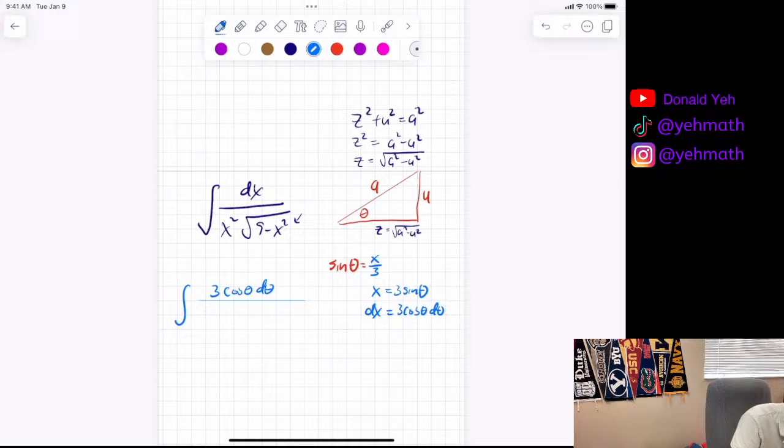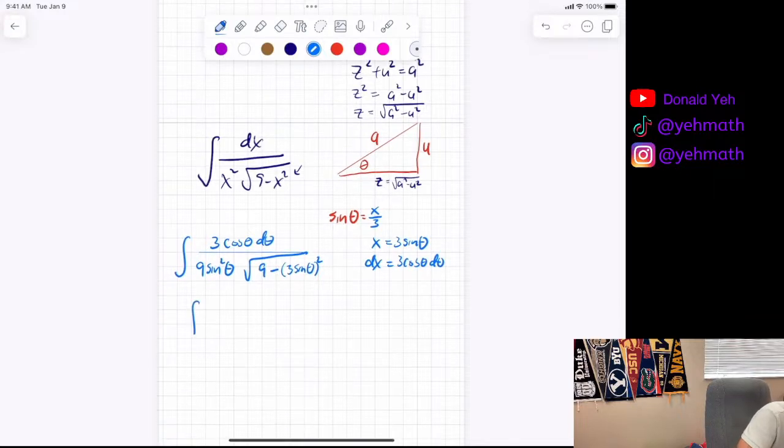There is no dt. There's no t. That's a related rate. There is no dt. What is x squared though? 9 sine squared theta. Good. And then 9 minus 9, well, it's 3 sine theta squared, right? That's the same thing.